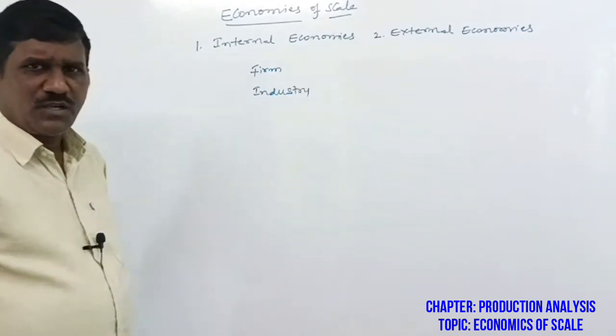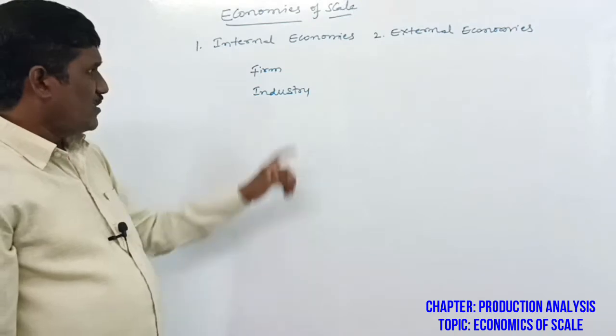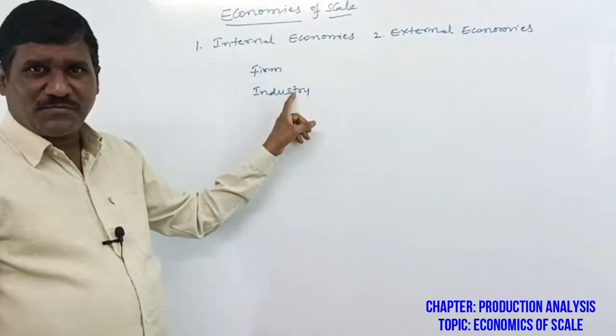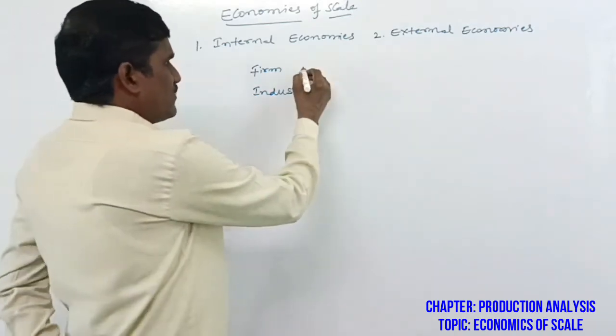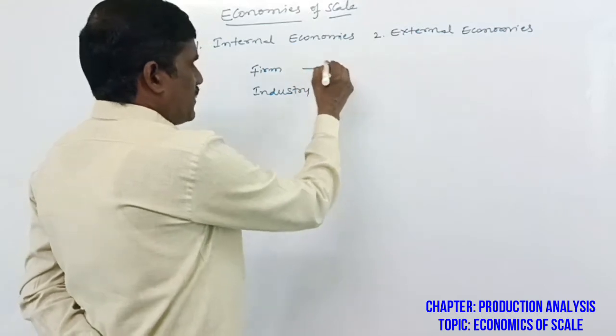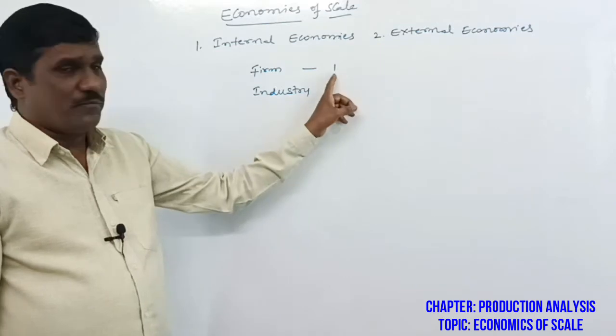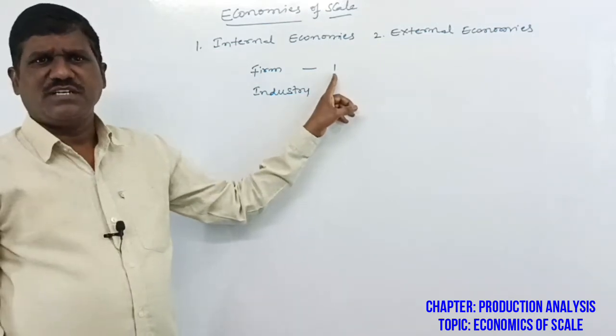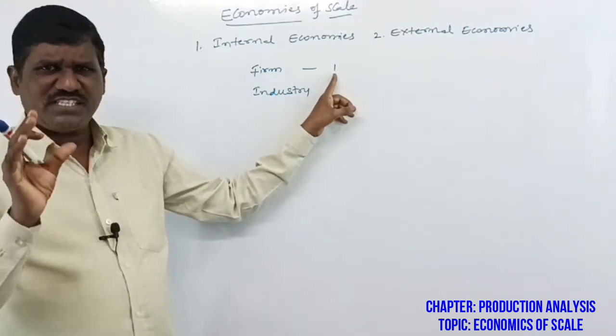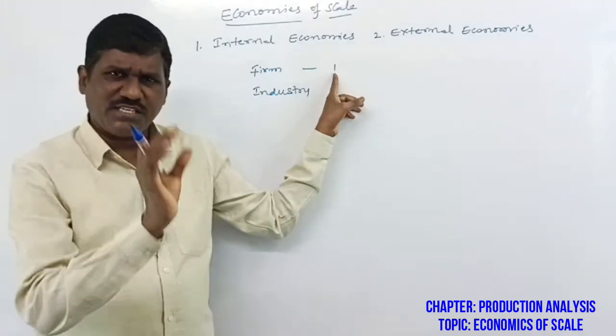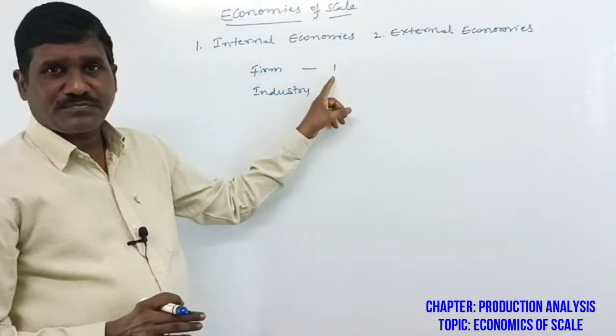Firm means the single production institution is called a firm. It is a single unit. When there is one unit, that is called a firm.